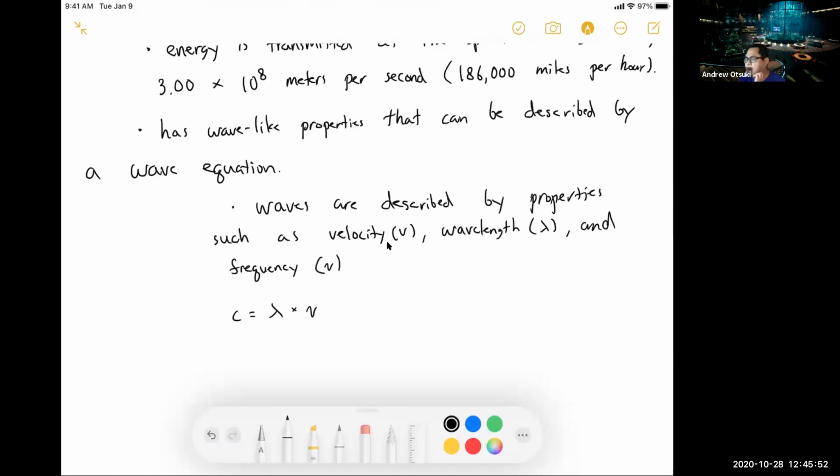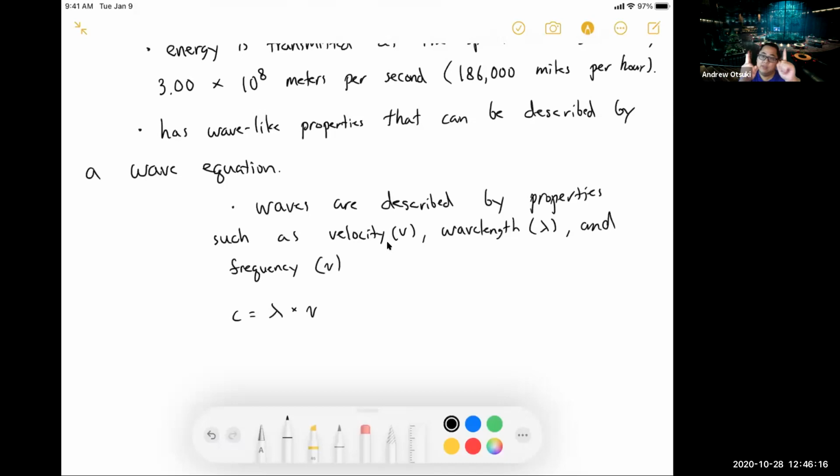But we'll talk more about the energy equation. What you should take away is that the shorter the wavelength, the higher the frequency, and the longer the wavelength, the shorter the frequency of the wave at a certain interval.